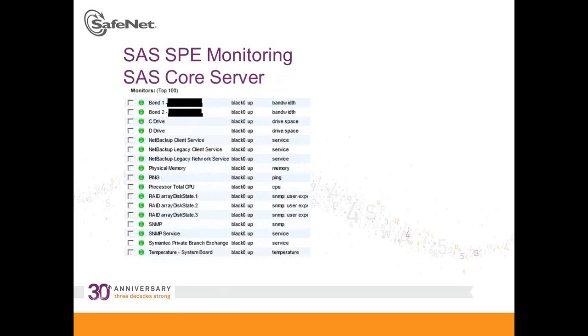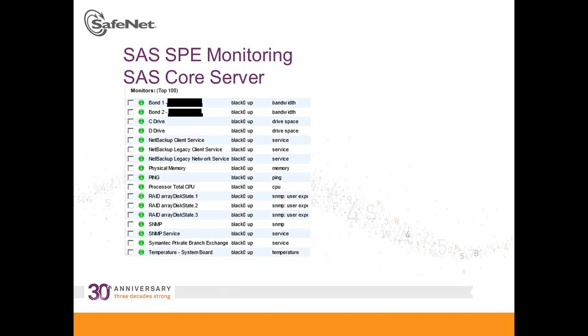When we take a look at our SAS Core Server, again, monitoring the bonds, monitoring drive space, any application, we've got some backup utilities, monitoring these functionalities, the physical memory, the CPU, our disk array, SNMP.